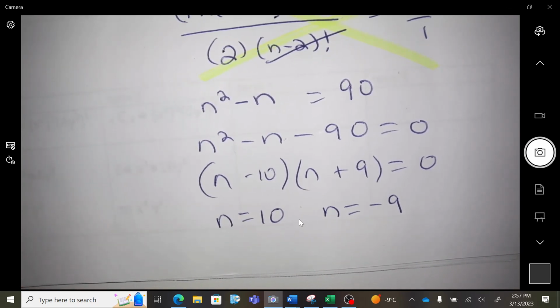Okay, I'm not done. After I factor and solve for n, there's something else. One of these answers is not allowed. The negative? Can you have negative 9 objects and choose 2 of them? No, that doesn't work, right?